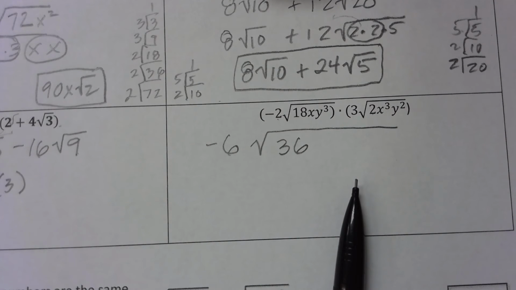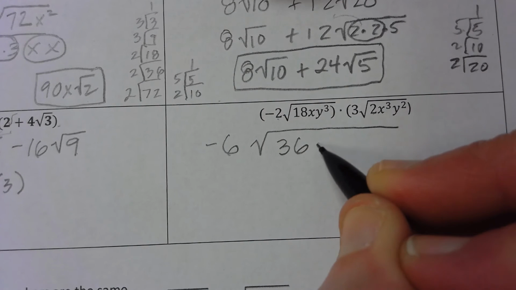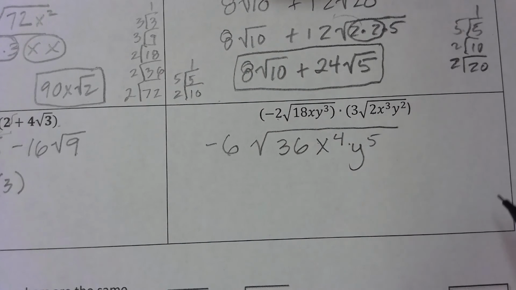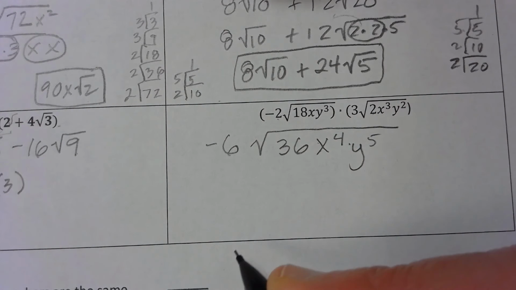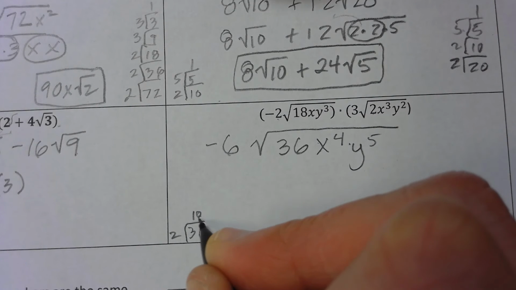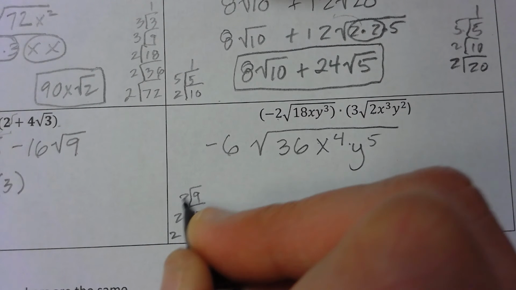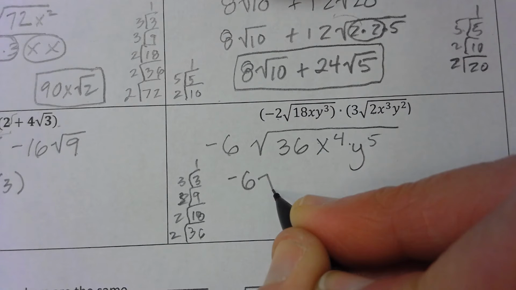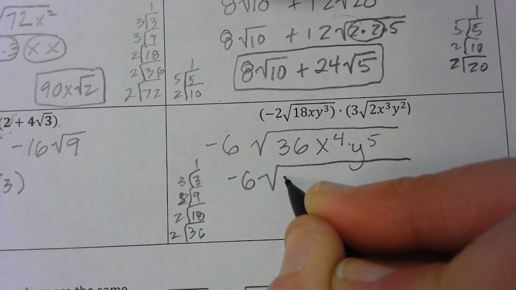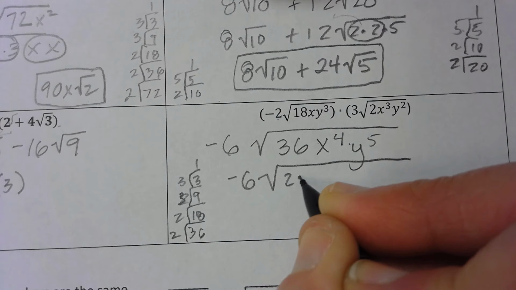Now, this we've seen, we were doing problems like this one last time, where it's like, okay, let me put this in here. X to the 4th, y to the 5th. I'm going to make a little birthday cake for 36. 36 is 2, 2, 3, 3.